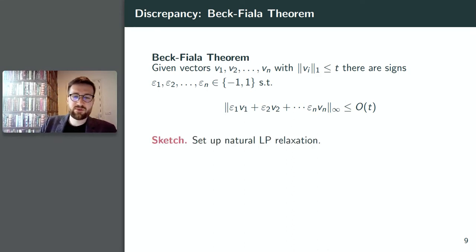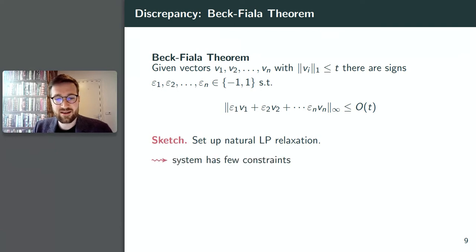So let me briefly sketch how they achieve this, again leaving out all the details. The basic framework is they set up a natural LP relaxation where every sign can be between -1 and 1 and not necessarily integral, and then they exploit that this system of linear equations has very few constraints.